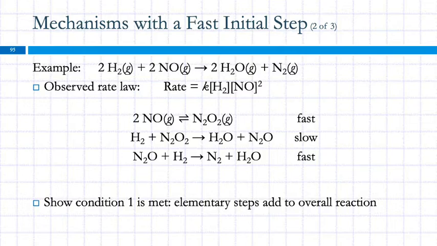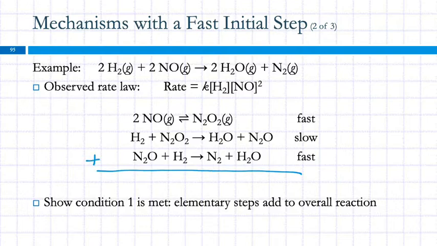Okay, and so what this is saying is show that condition 1 is met, that the elementary steps add to the overall reaction. So in order for this to be a valid mechanism, when we add these reactions together, they have to give us what we've got up here. So to demonstrate that, we're just going to add these together.